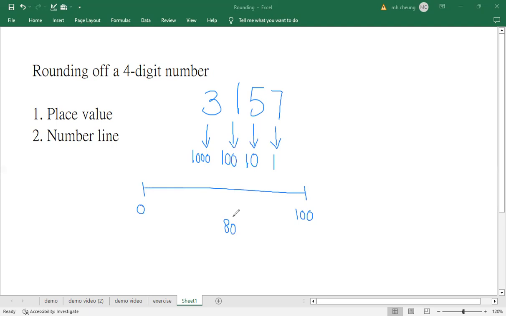So half of 100 is equal to 50. So you will have 50 right in the middle of the number line. As 80 is bigger than 50 but less than 100, it should be somewhere close to the right end.